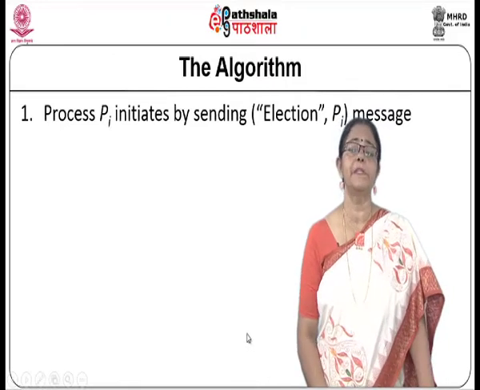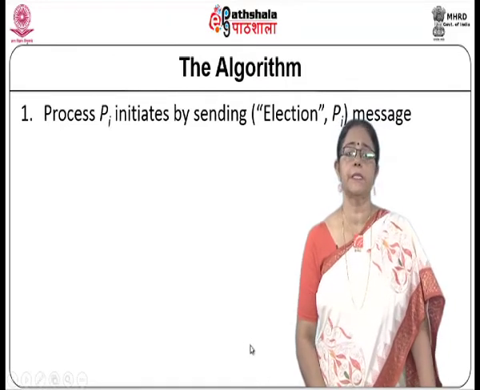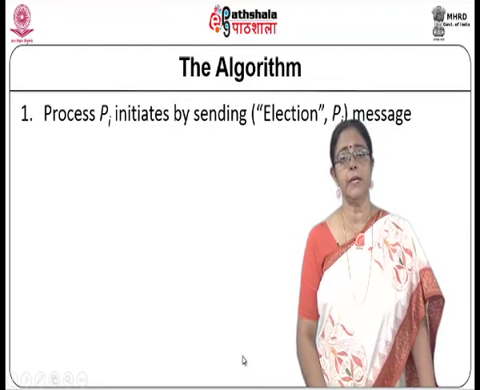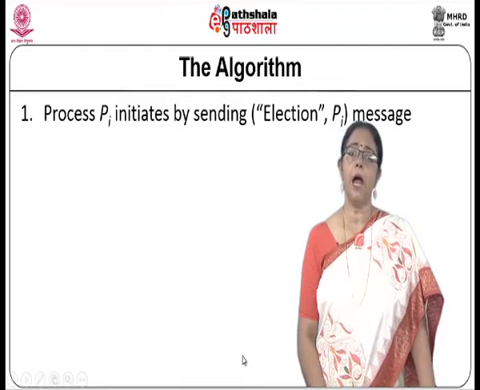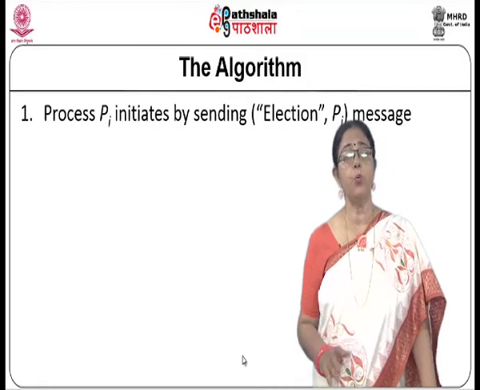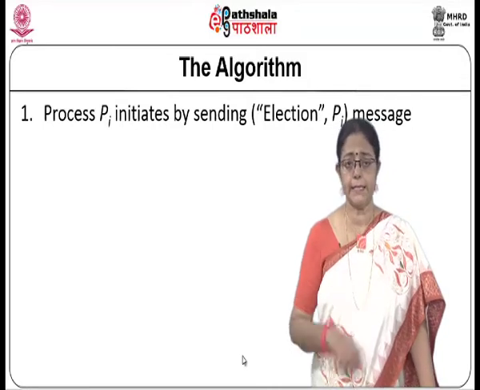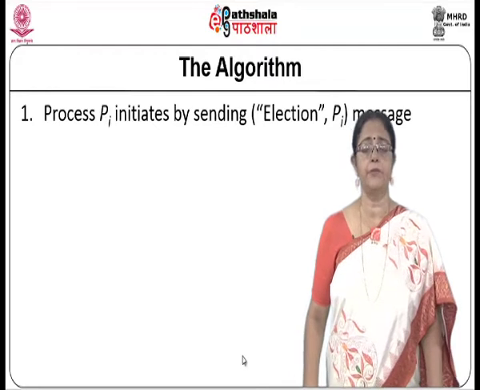The first step says that any process Pi will initiate an election. How will it initiate an election and why will it initiate an election? These are the two questions that we have to answer at this point.